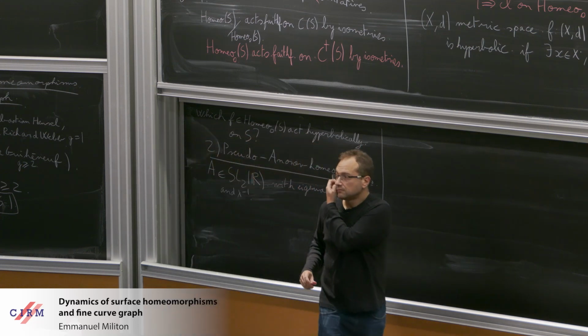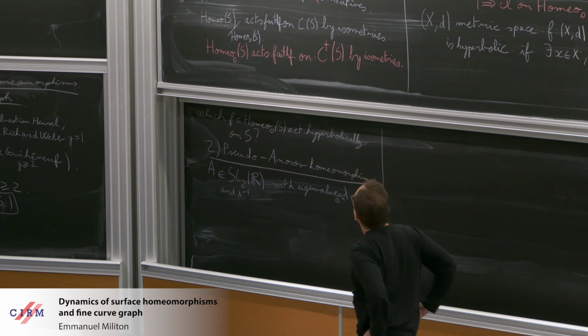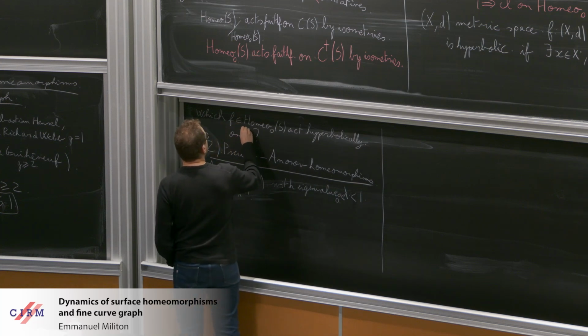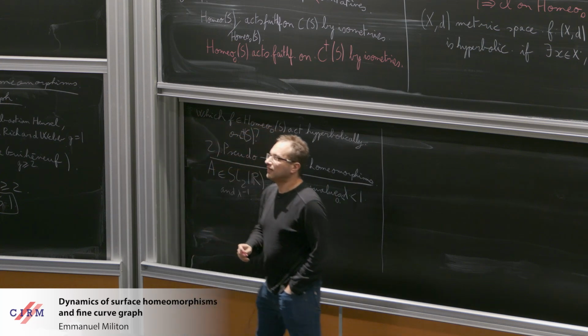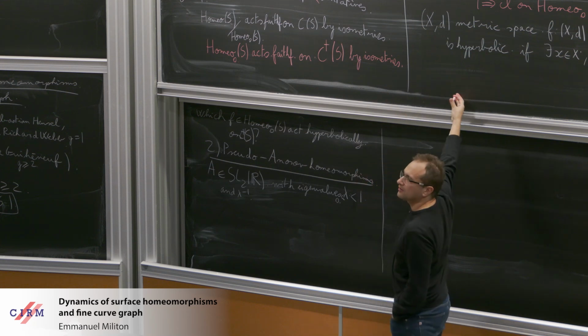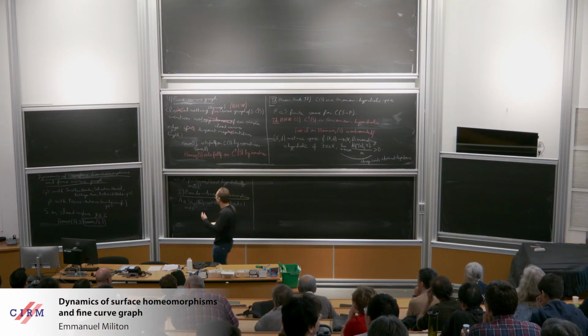Sorry, do you want it to act hyperbolically on the fine curve graph? Yes, on the fine curve graph. This is where I have an action by isometries. Yes, thank you.